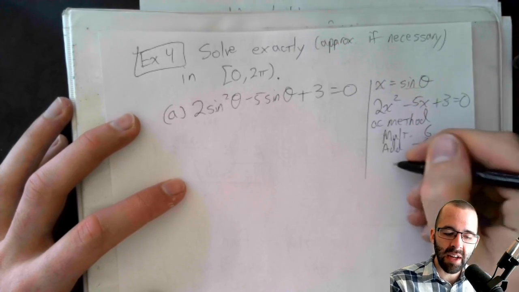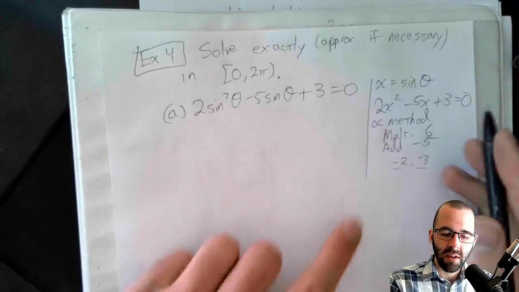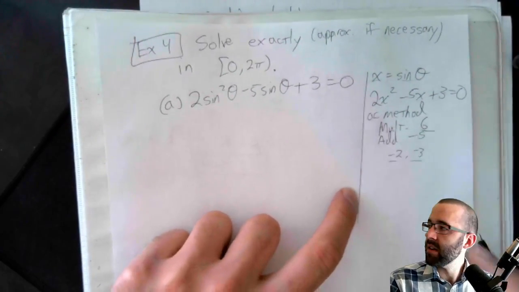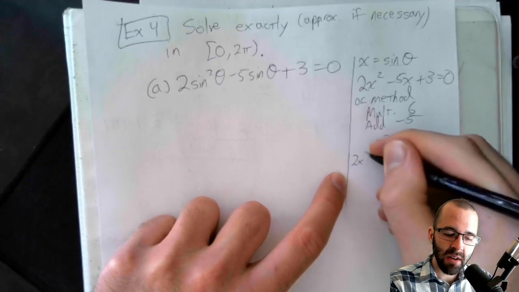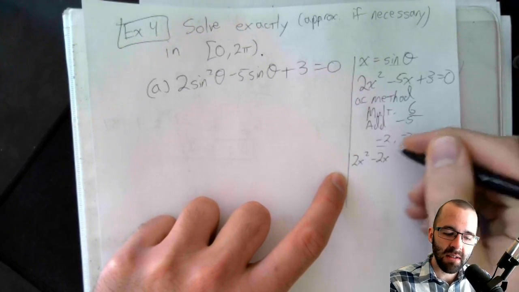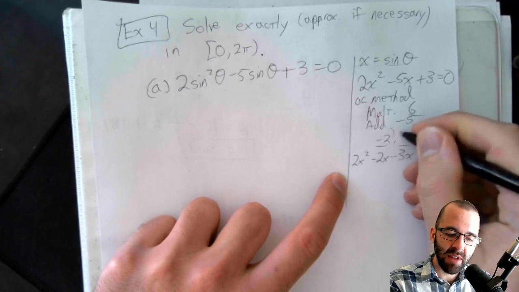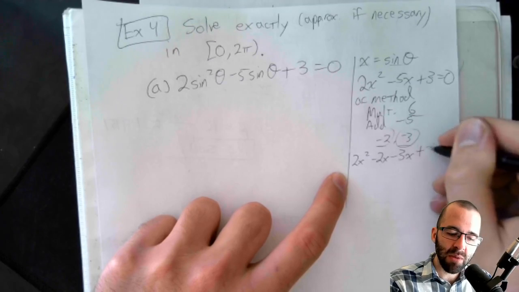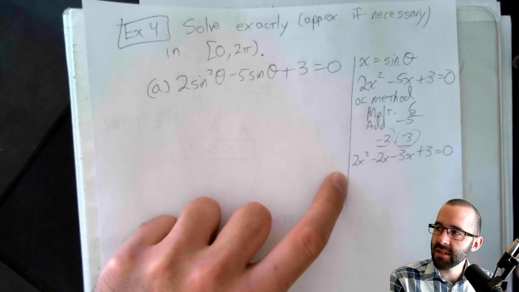So the answer is going to be -2 and -3. And so we split up that middle term to get 2x squared minus 2x, again, minus 3x, that's the 3, plus 3 equals 0. And again, these do combine to a minus 5x.